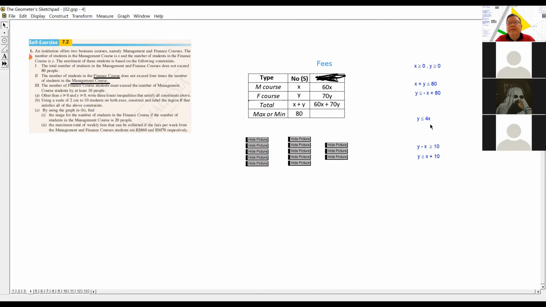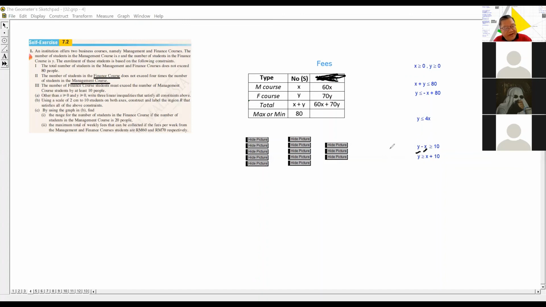Okay. The last one. The number of finance student must exceed the management student by at least 10. Finance student is represented by y, management student by x.